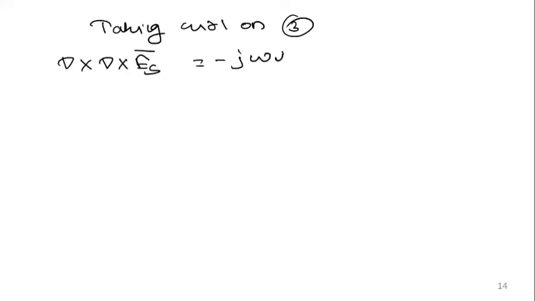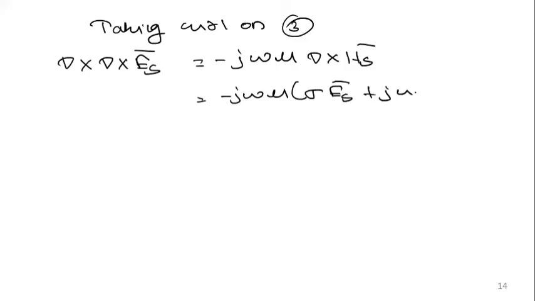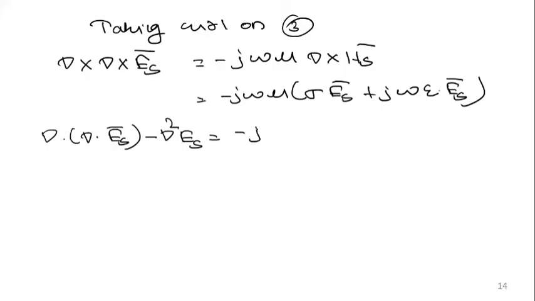So minus j omega mu del cross Hs is equal to minus j omega mu sigma Es plus j omega epsilon into Es. So it will be del dot Es minus del square Es is equal to minus j omega mu sigma plus j omega epsilon into Es.